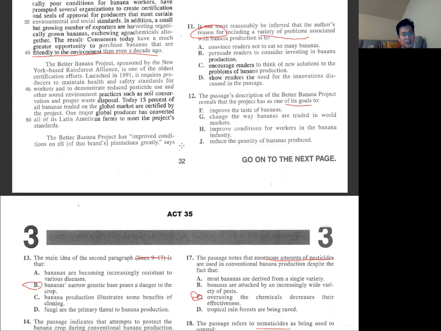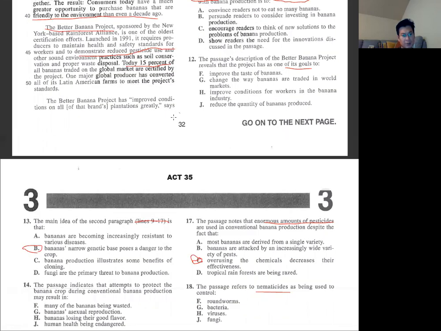And then because of that, the next paragraph explains that that's the Better Banana Project, the New York based, launched in 1991, and blah, blah, blah, and demonstrate reduced pesticide use and other sources of environmental harm. And today, 15% of all banana in global markets are certified by this project.